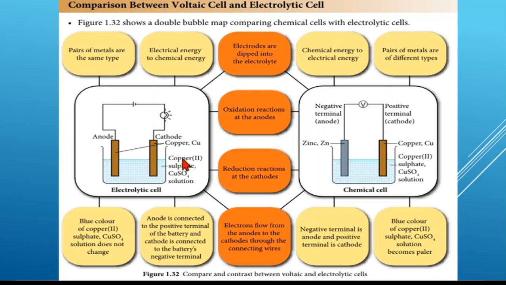Here, the copper sulfate solution is blue because of the copper ions. The Cu2 plus ion is blue in solution, so it will not change throughout the electrolysis. Understand? But here, the blue color of the copper sulfate solution becomes paler. Throughout the electrolysis process, the solution will become paler.